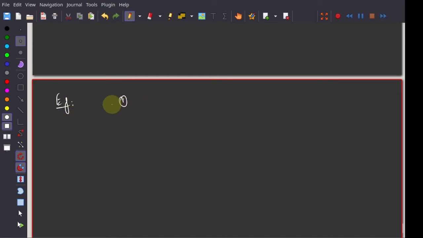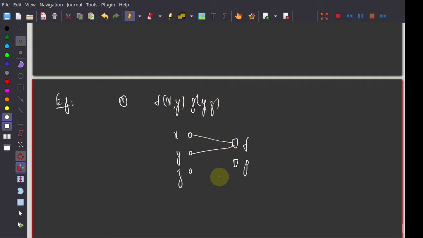So we'd always work with this toy example that we had, which was f of xy, g of yz. So this has three variables, x, y, and z, and two local functions, f and g. f is a function of x and y, and g is a function of y and z.